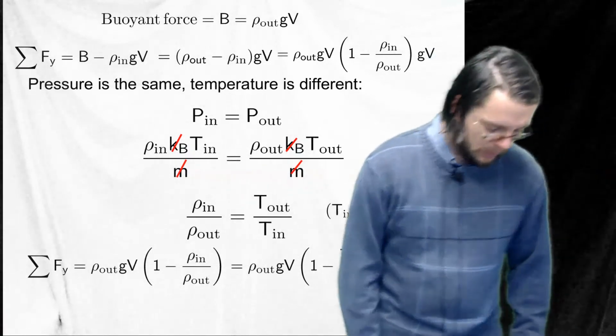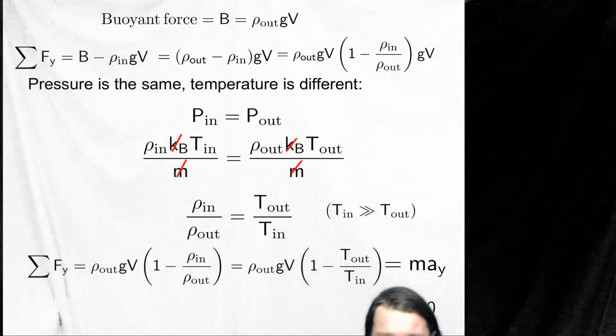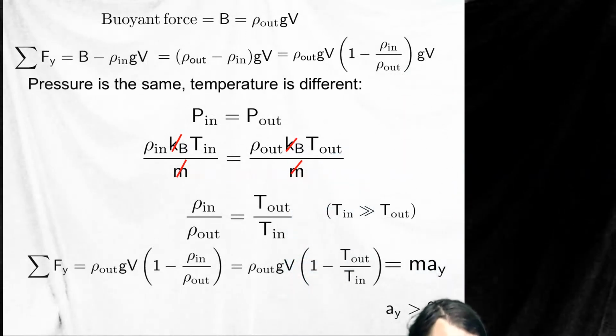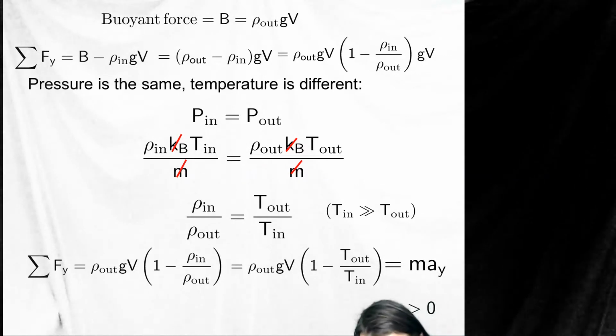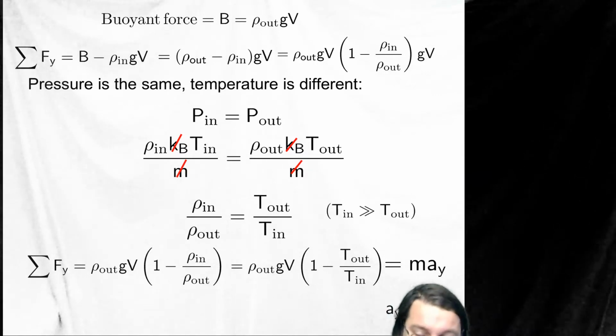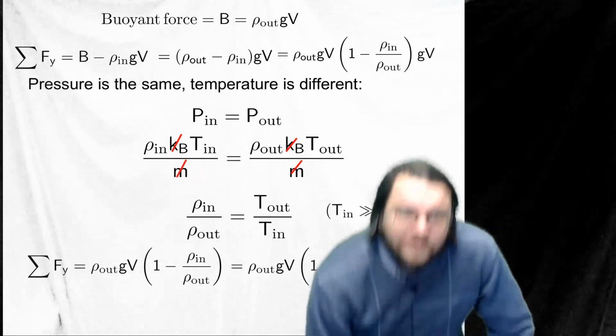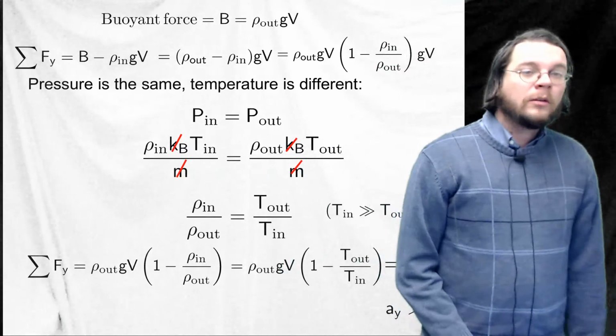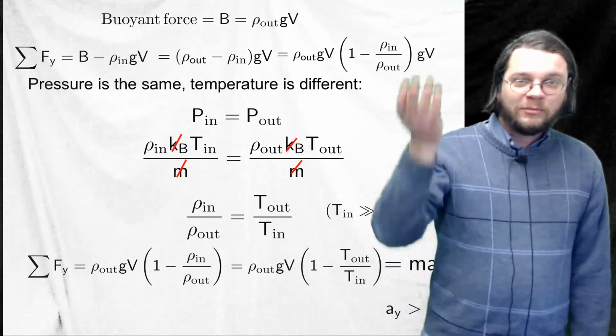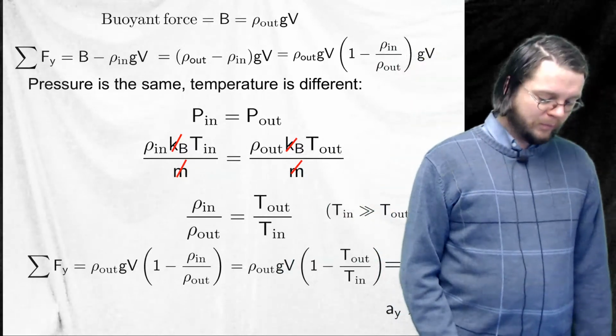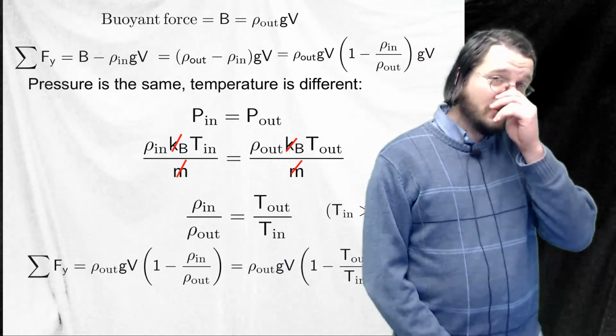And then this whole thing is related to the mass times acceleration, right? Because this is the net force. And since we know that the inside temperature is much greater than the outside temperature, that tells us that we're going to have an acceleration upwards. a_y is going to be greater than 0. Okay? So in other words, our hot air balloon will accelerate upwards, right? Which is good. More fun than staying on the ground.